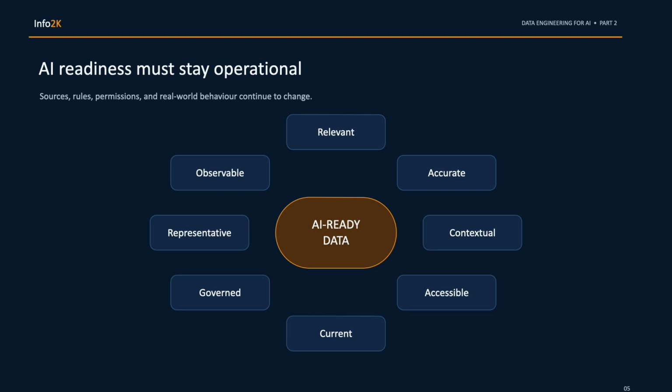The important point is not the exact percentage. It is that expectations are explicit, monitored, owned, and connected to action. AI ready data is therefore not a finished dataset. It is a maintained organizational capability.